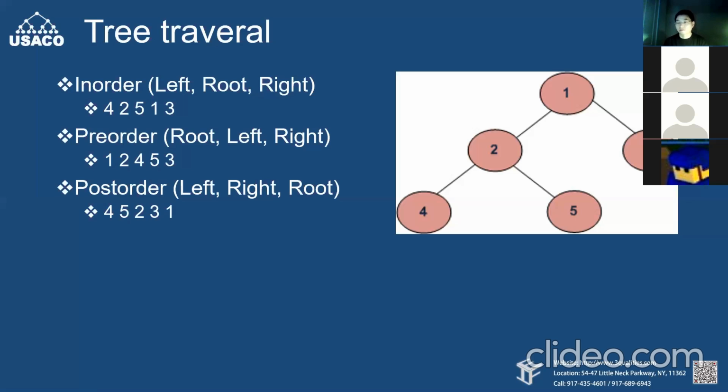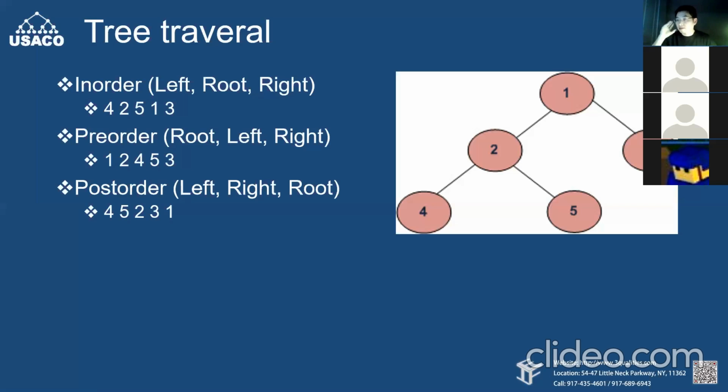Pre-order means pre-visit. Pre-visit who? Pre-visit the root node. The root happens first, and then left, and then right. Left and right never change order; left always happens before right. Post order is: first visit left and right, and at the end we visit the root node.